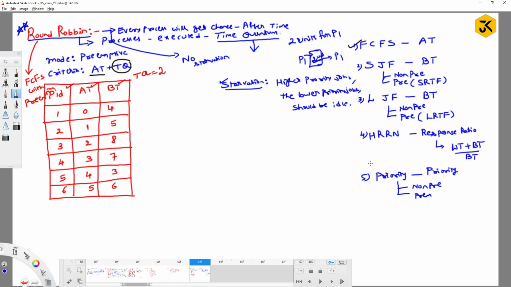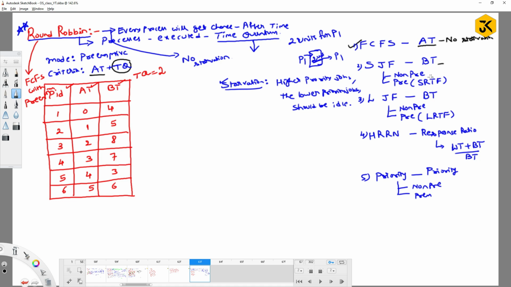What about the algorithms we discussed so far? Just think about it. FCFS, is there starvation? There will not be any starvation, because whichever process comes, it is always executed based on arrival time. Coming to SJF, shortest job first, it gives a chance to processes with less burst time.